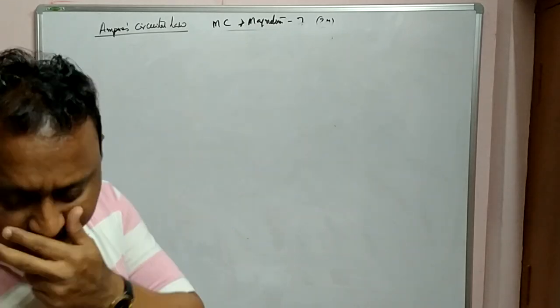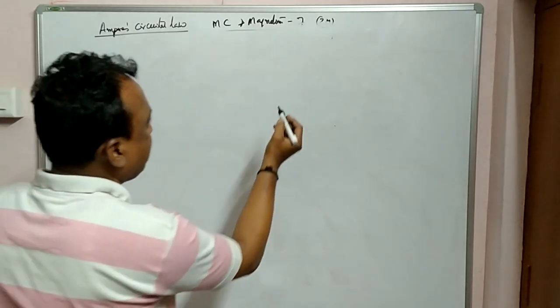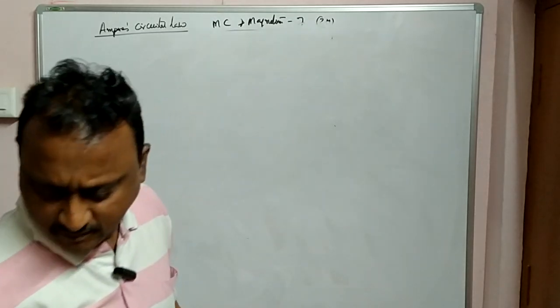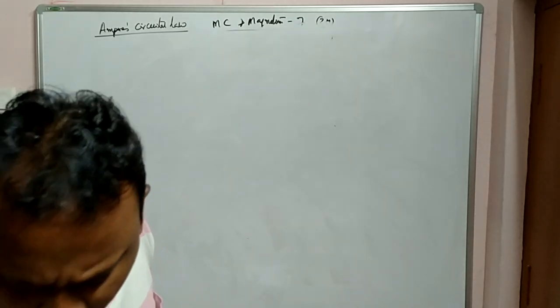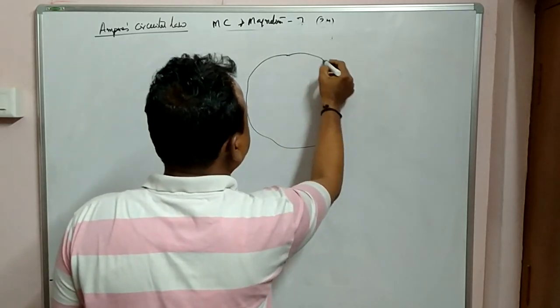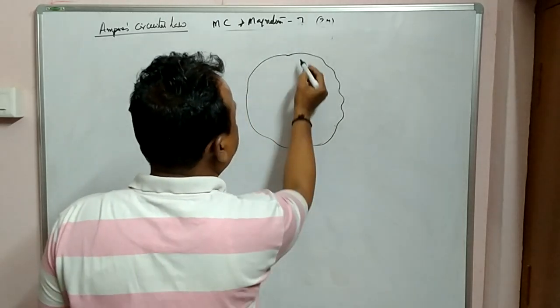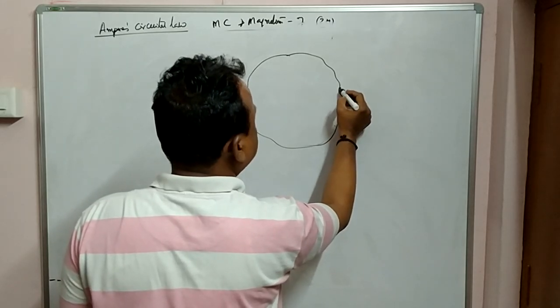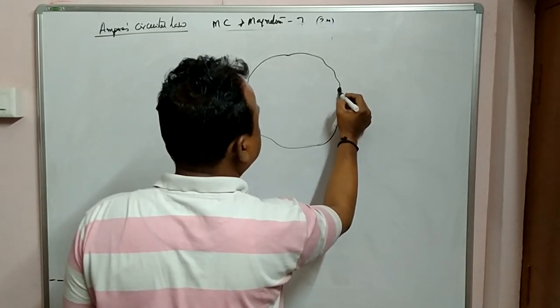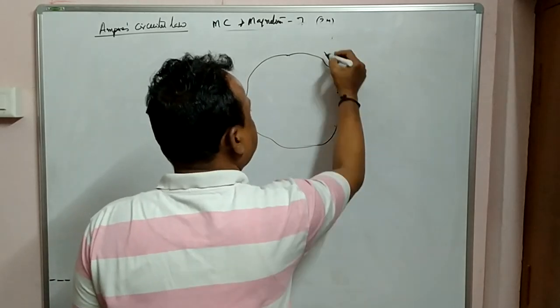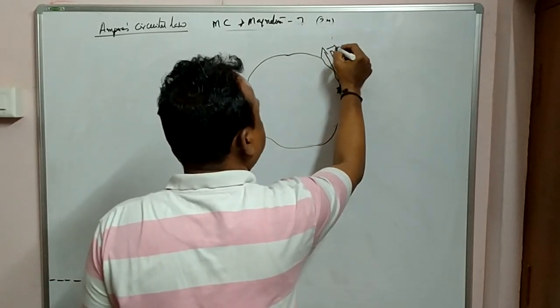Now what does the scientist say? For example, if we take any body, regular or irregular, see, this is an irregular body. In this, if you take a small elemental length dl, and draw a tangent at any point, you will get the direction of the magnetic field.